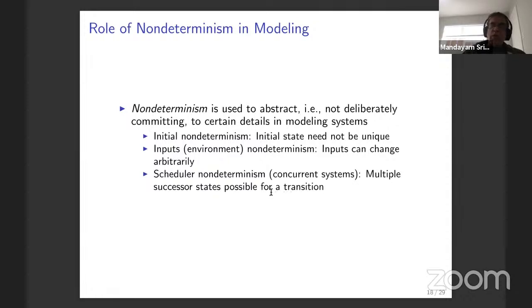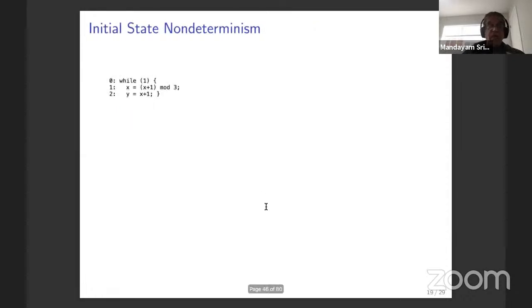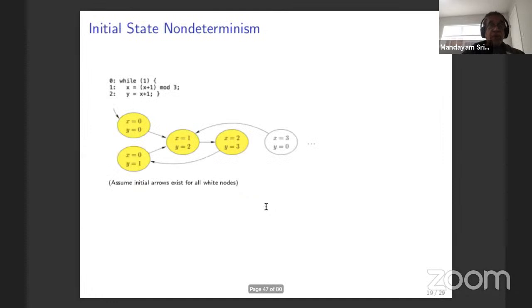Then you could model the concurrent system by completely hiding the scheduler, by making the transition relation itself non-deterministic, so that there can be multiple next states possible from the current state. Okay, so that's what I was illustrating here.